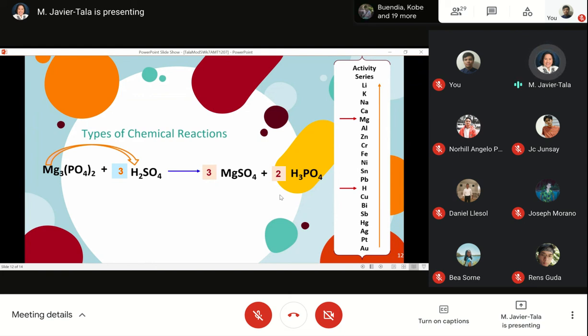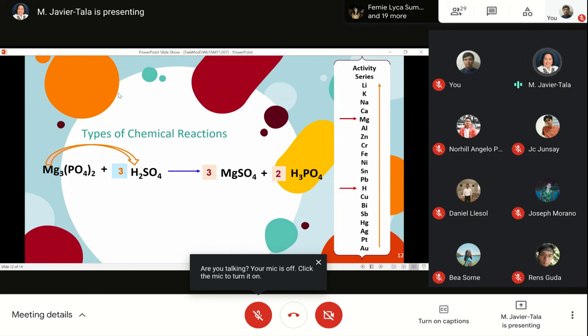But since both of them come from compounds, they will also form two compounds. Unlike in the previous example, where the element was just displaced, there will be an exchange in this reaction. There will be an exchange of cations, but two compounds will be formed. So when magnesium in magnesium phosphate replaces hydrogen in your sulfuric acid, it will form your magnesium sulfate.